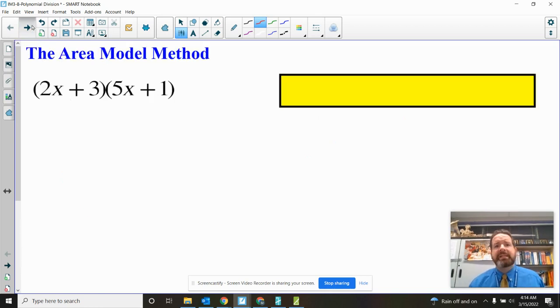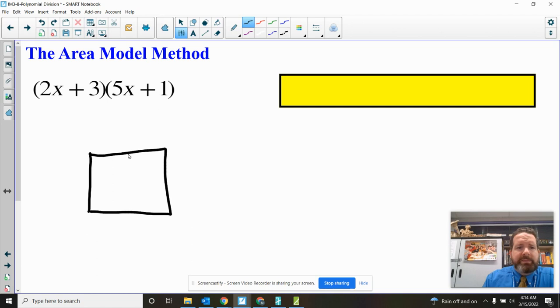With that in mind, let's now take a look at the first method for dividing polynomials, which I'm calling the area model. Let's start off by multiplying these two together, and we're going to use the grid. The grid ends up being a fairly important thing. Okay, so across the top, a 2x plus 3, across the side, 5x plus 1.